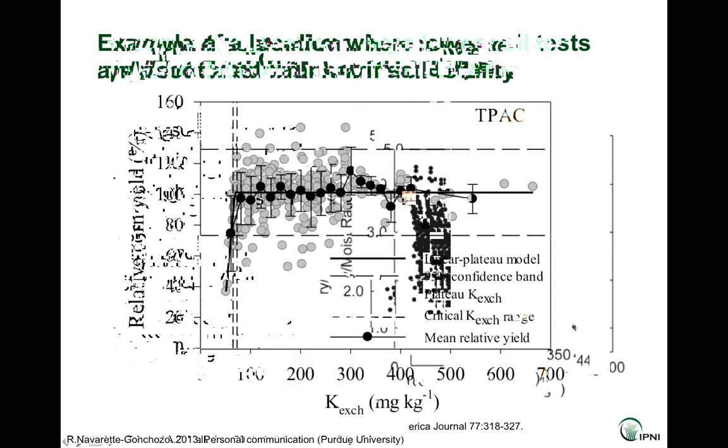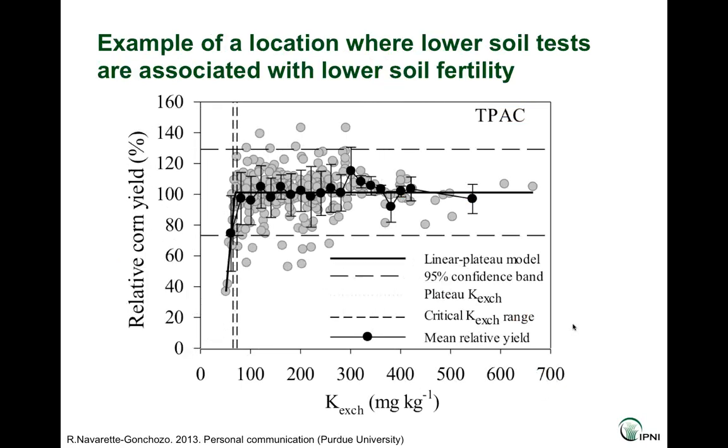This is from one of the long-term study locations in central Indiana. This is on a silt loam soil. And you can see the calibration relationship. It's a bit different analysis, but you can see that there is some indication that at lower soil test K levels, there are some yield reductions. And this is at one site over many years.